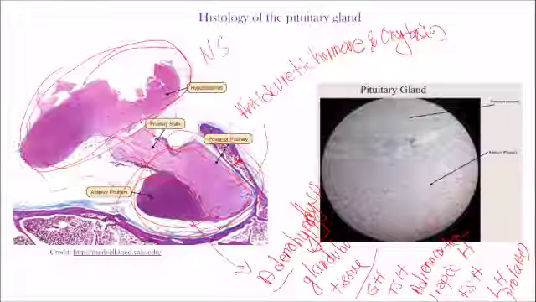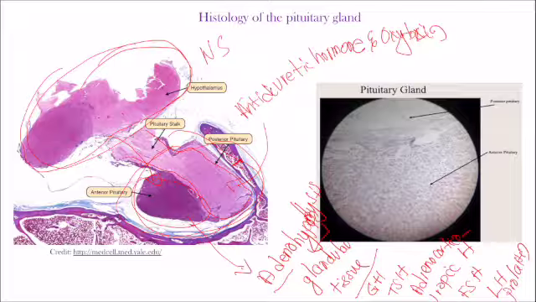So make sure you write down each one. These are released from the anterior pituitary and controlled by the hypothalamus.